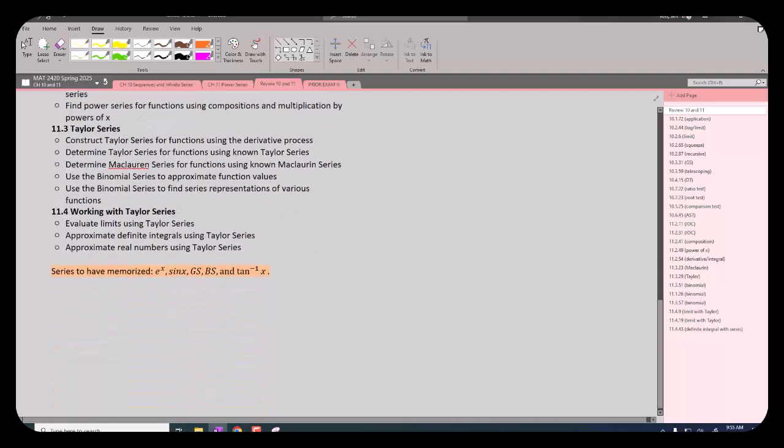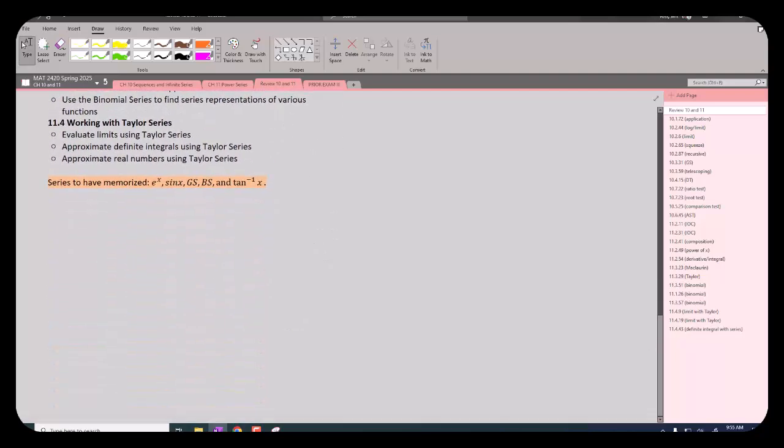The sine and inverse tangent, remember those are almost identical. The only difference is there's a factorial in the sine one, not in the inverse tangent one.